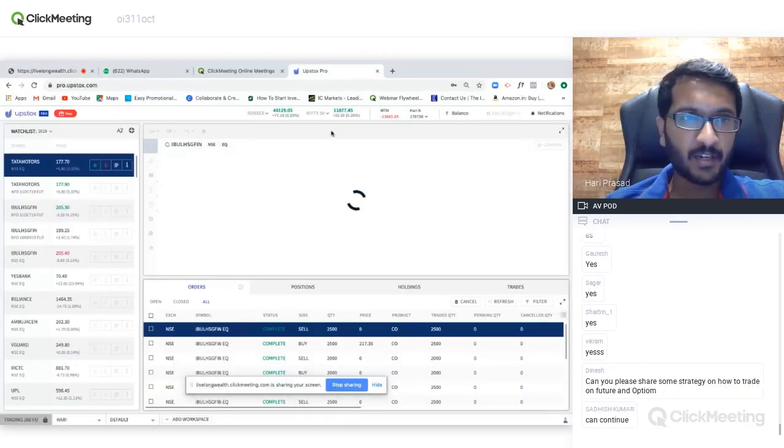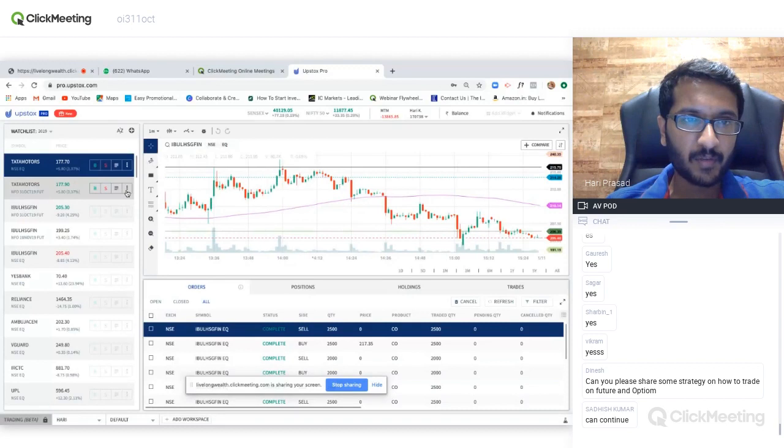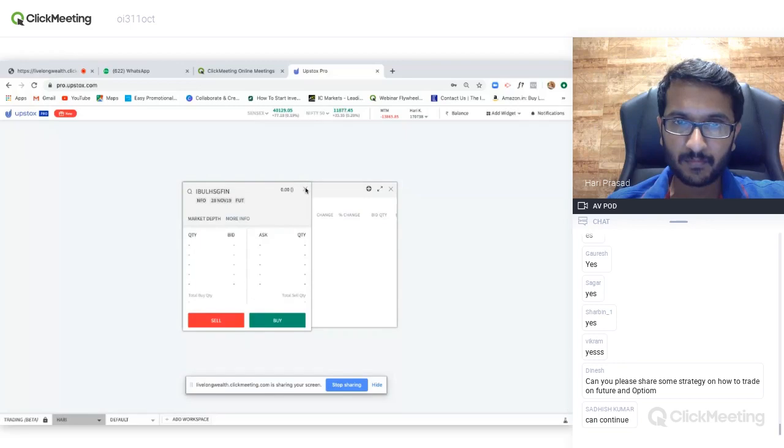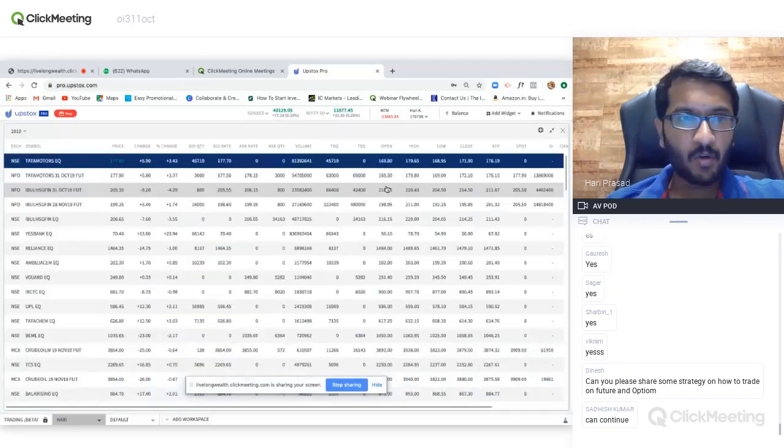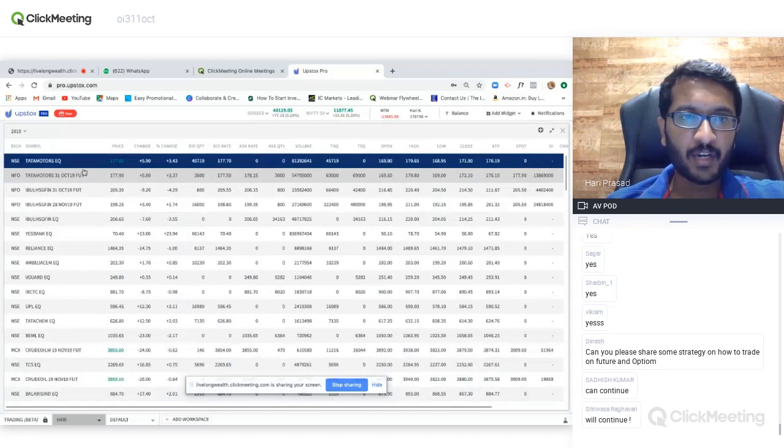Now let's see something related to open interest. Over here, this is the future contract of Tata Motors, 31st October expiry.